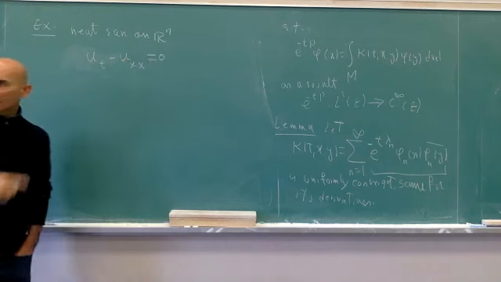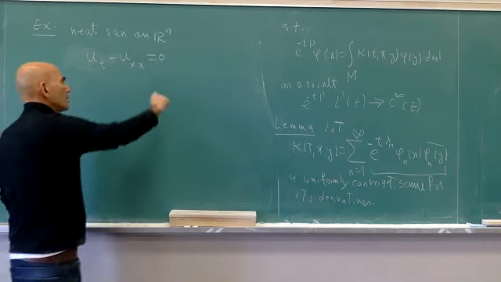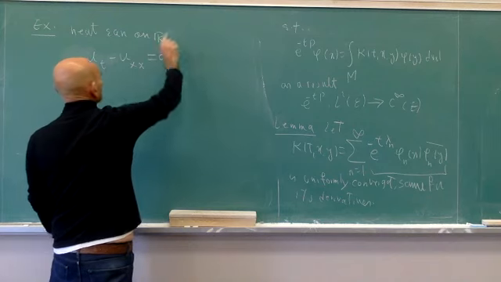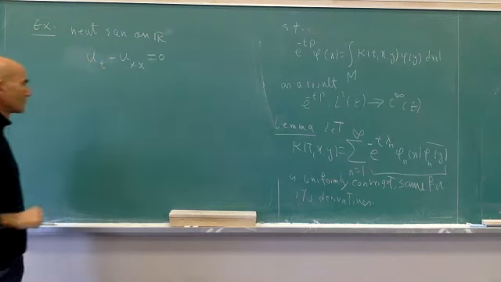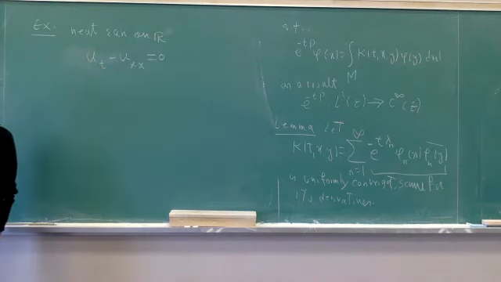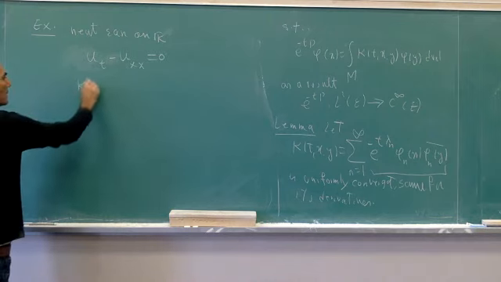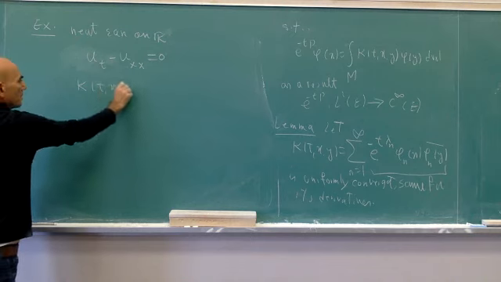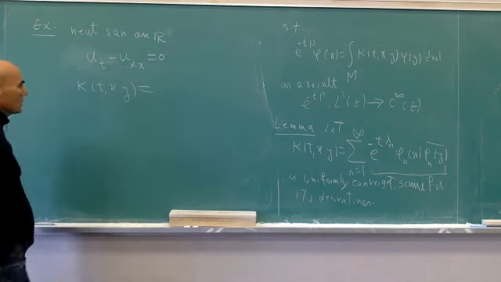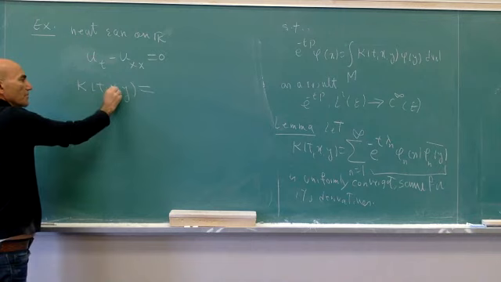So this is the heat equation on the line, on R. So what is the kernel of this? K(t,x,y) is equal to... Anyone remembers the kernel of this equation?